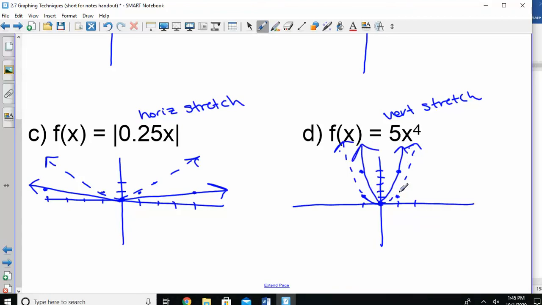And so we get our graph. Any questions for me on that?